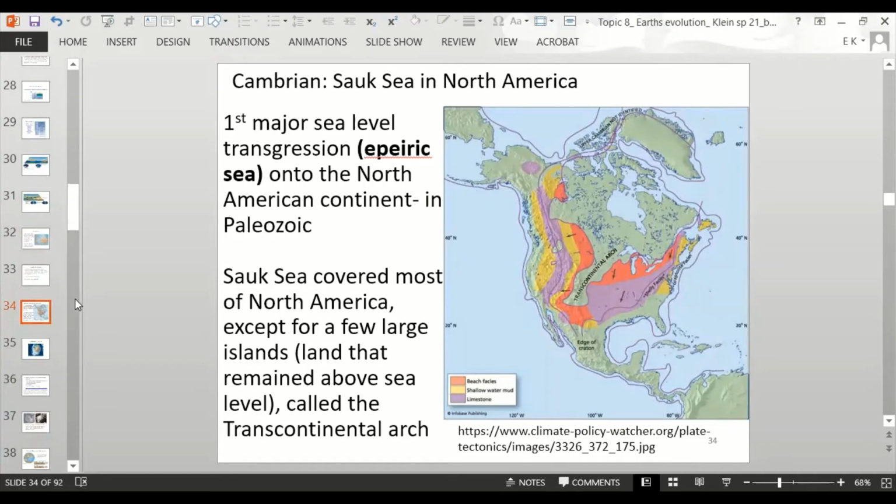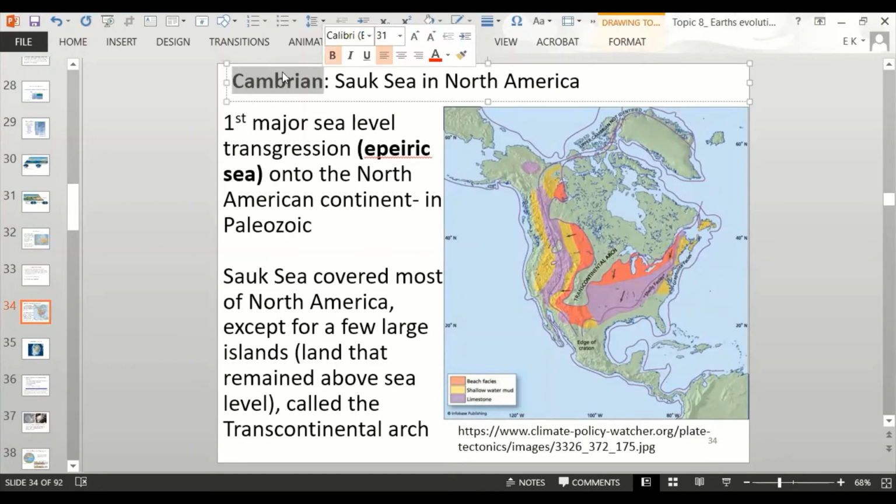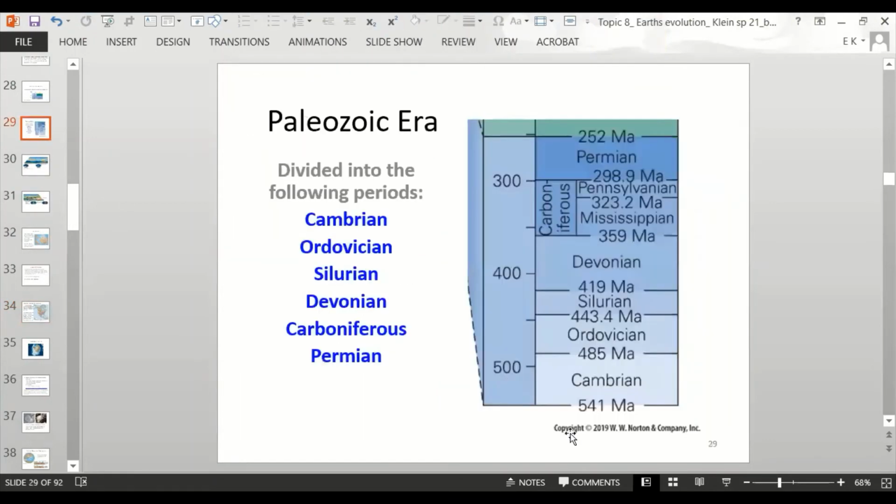So one of the examples of these continental seas was the Sauk Sea. And this is the example showing North America specifically, during the Cambrian period. So the Cambrian was 541 million years ago to 485 million years ago.